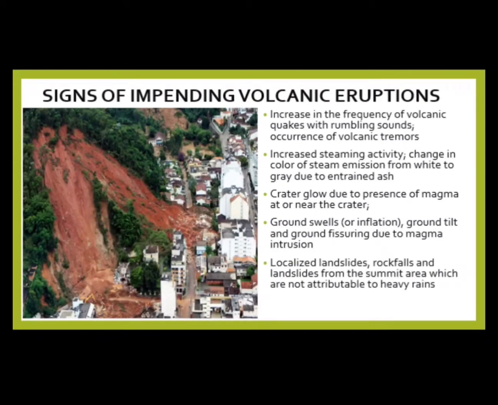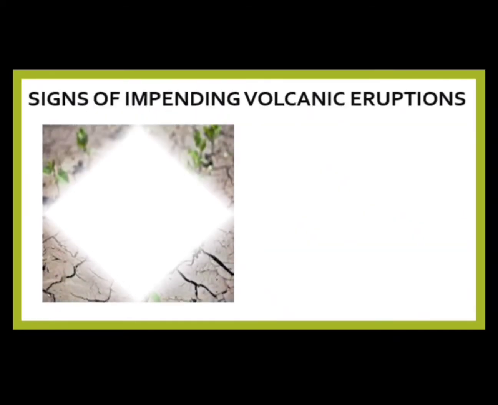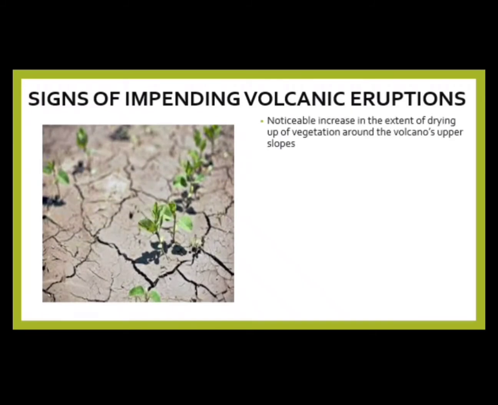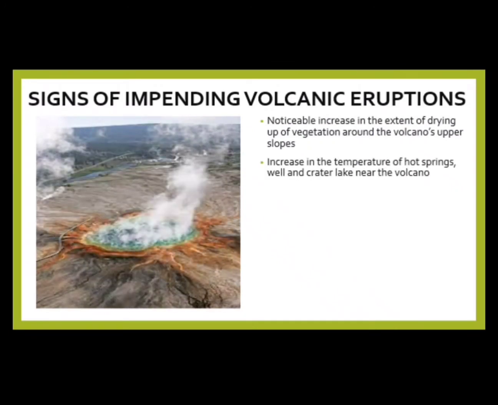Localized landslides, rockfalls, and landslides from the summit area, which are not attributed to heavy rains. Increase in the extent of drying up of vegetation around the volcano's upper slopes. Increase in the temperature of hot springs, wells, and crater lake near the volcano.